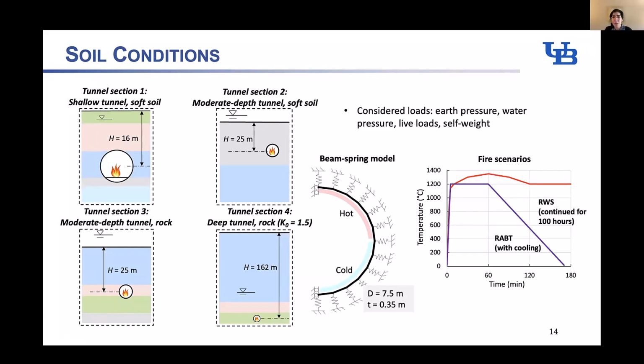And then the third one was another software, FLAC 3D, which is used by geotechnical engineers to get forces. The three approaches gave very reasonable, very close results, and SAFIR did pretty well at ambient, no fire. So it gave us confidence that we can move forward and analyze under fire. That was basically the idea.